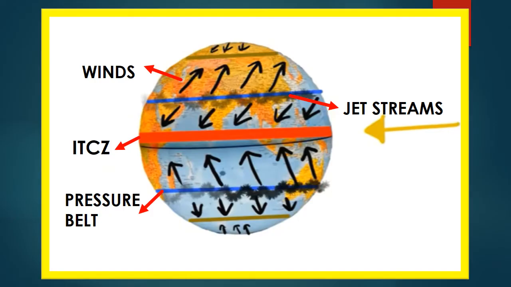Now children, one thing you must note: because the ITCZ, the Intertropical Convergence Zone, shifts from the equator to the Tropic of Cancer and Capricorn, along with it the pressure belts also shift, and so do the winds and the jet streams. They keep shifting.